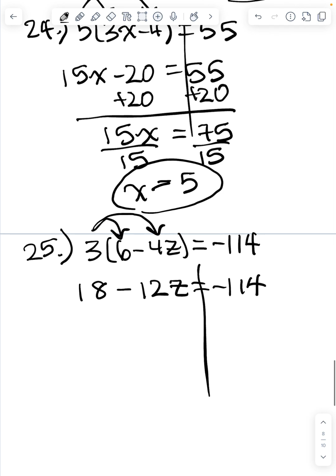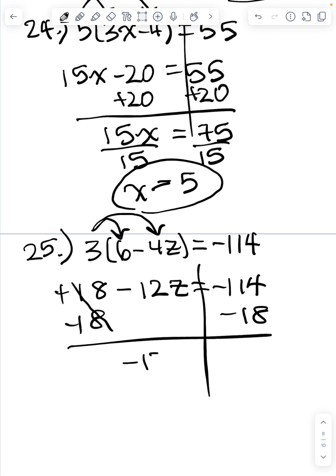Here's my equal sign. Okay, my z is being multiplied by a negative 12, and then there's a plus 18. So we need to subtract 18 from both sides. That leaves me with negative 12z. And I'm going to do the sum because the signs are the same.